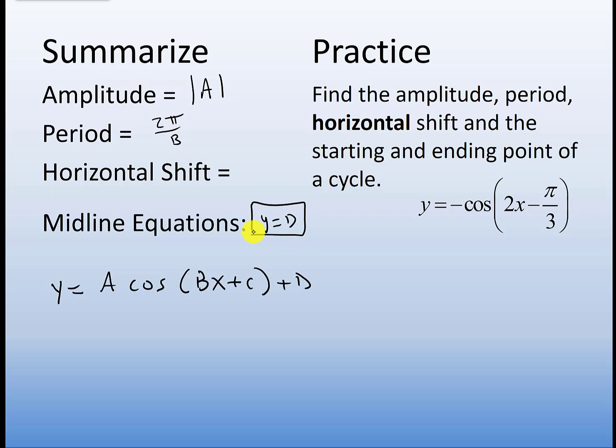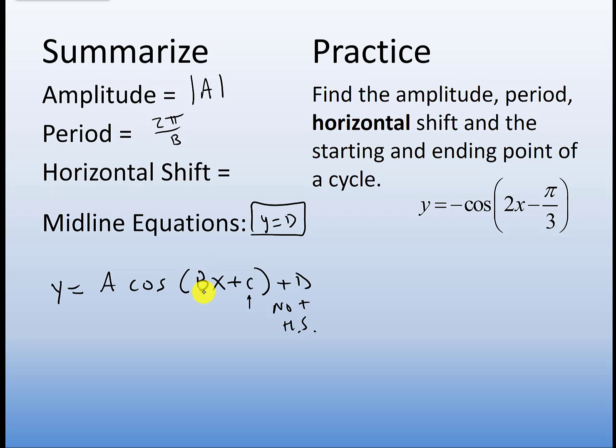Now, the horizontal shift. We have two scenarios that we want to think about with the horizontal shift. C is not the horizontal shift. If you have B, B influences the shift.